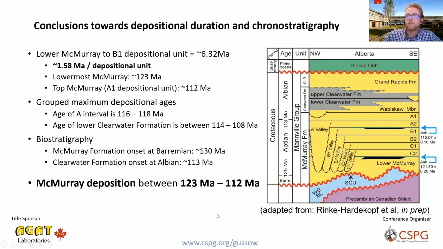And of course, compare this to biostratigraphy, which places the depositional duration of the McMurray somewhere between 130 and 100 million years, and the onset of the Clearwater Formation in the Albian at 113 million years. So I do believe that the ages we get from these ashes, the depositional durations, and the extrapolated ages merit a reasonable amount of confidence that the McMurray Formation was deposited during the earliest Albian to the earliest Albian.